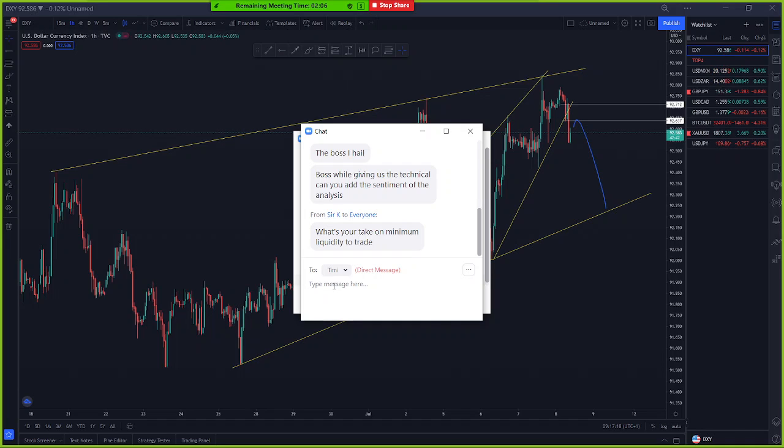My take on minimum equity to trade: equity to trade is one thing, and the skill is another thing. You might have $1 million and not have the skill, and you can still blow it up. You can have 10 USD and grow it to $1,000.